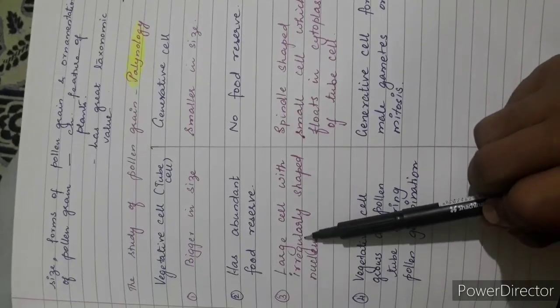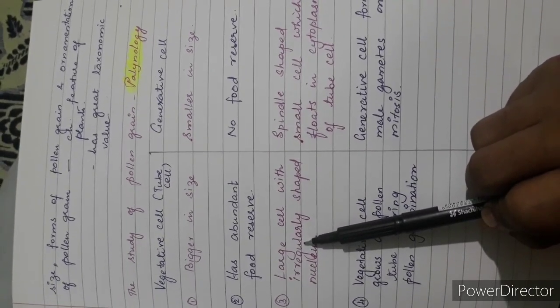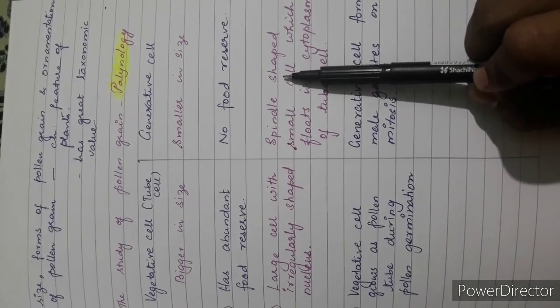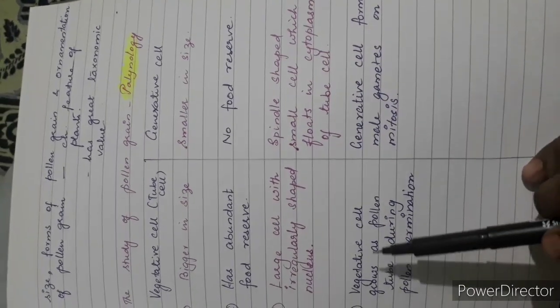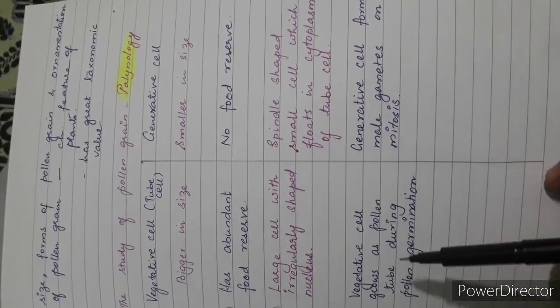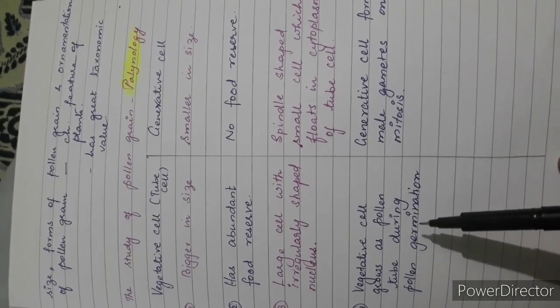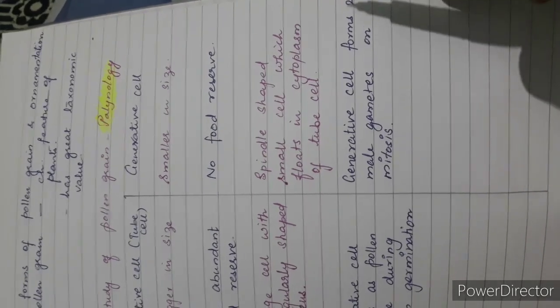The vegetative cell is a larger cell with an irregularly shaped nucleus. The generative cell is spindle shaped and smaller. It floats inside the cytoplasm of the vegetative cell or tube cell. The vegetative cell grows as the pollen tube during pollen germination. The generative cell forms two male gametes on mitosis.